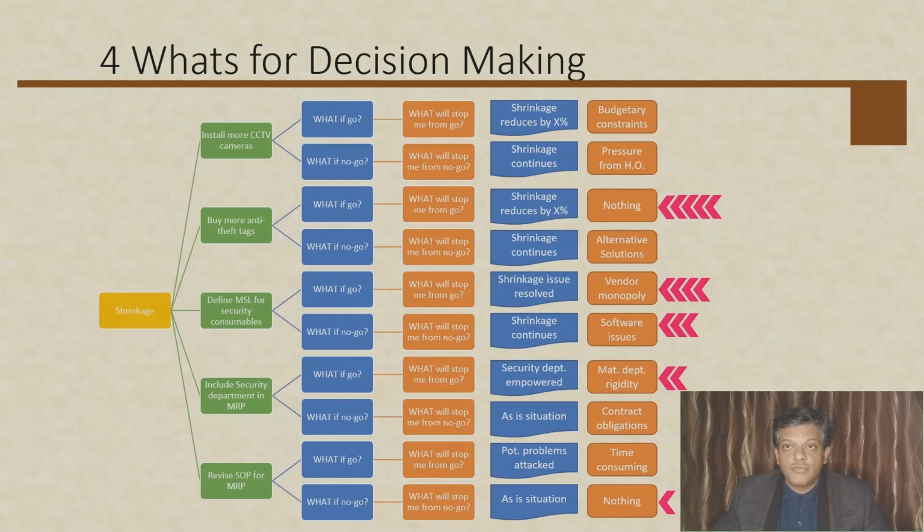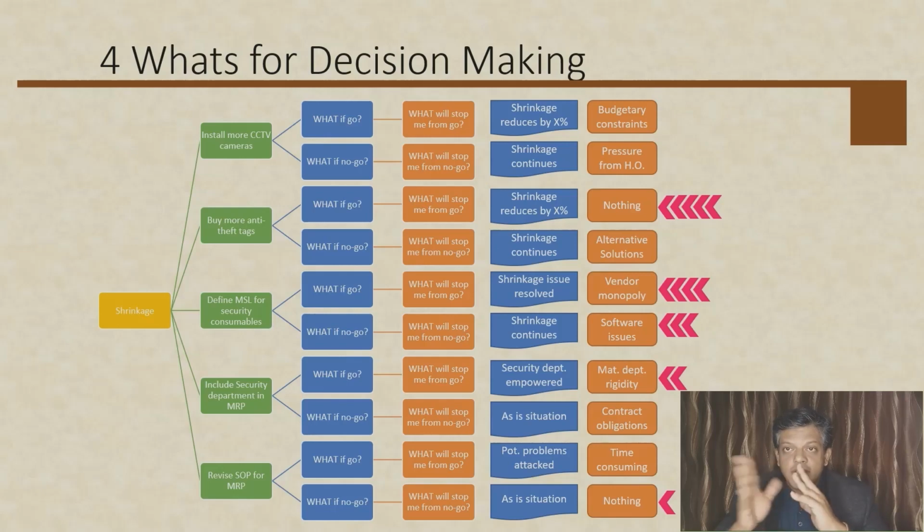The purpose here is not root cause analysis but decision making. So consider a particular use case where you have a retail store which is witnessing high levels of shrinkage. You do the root cause analysis or brainstorming or any method that you would like to use, and your team has come up with different solutions to address the problem of shrinkage.